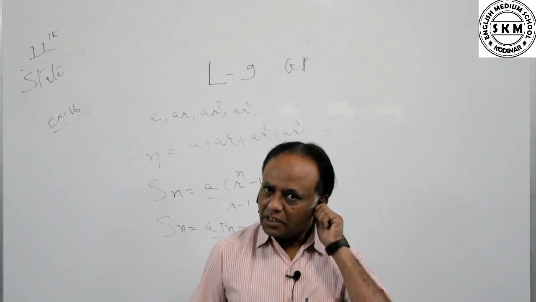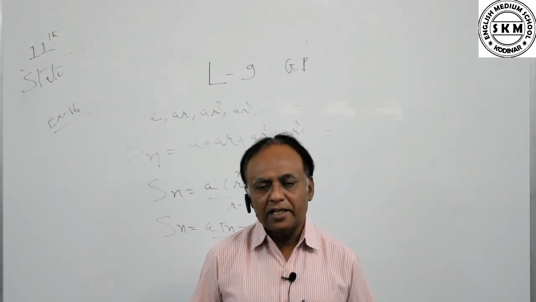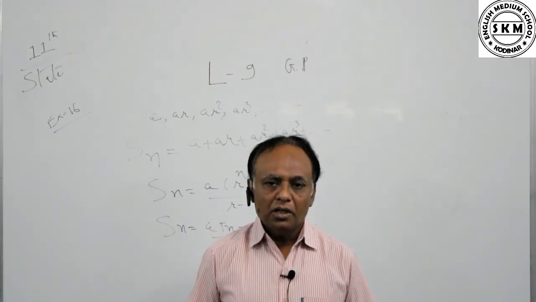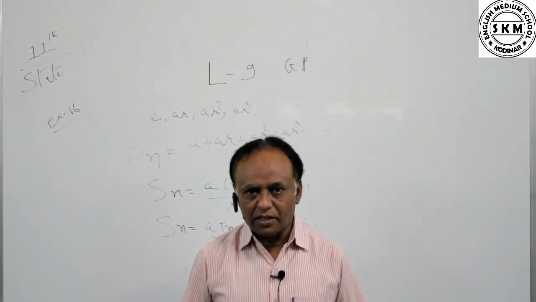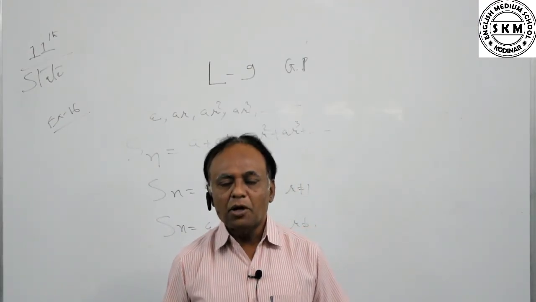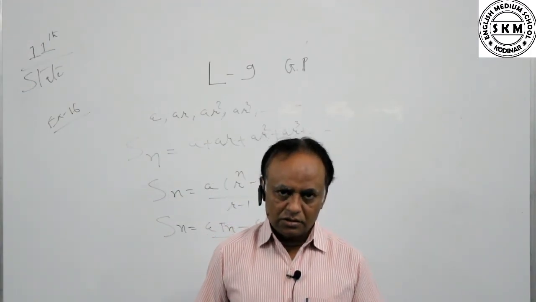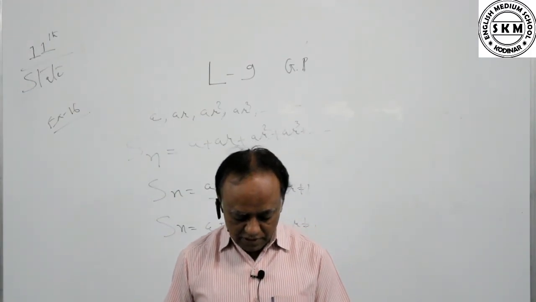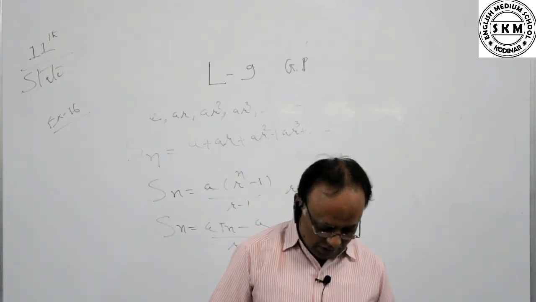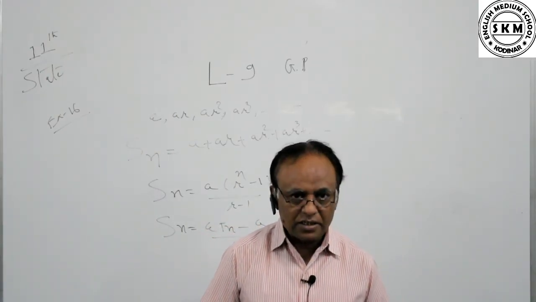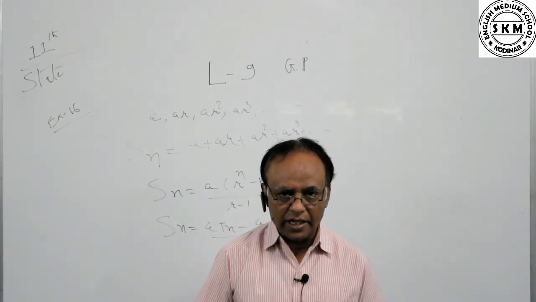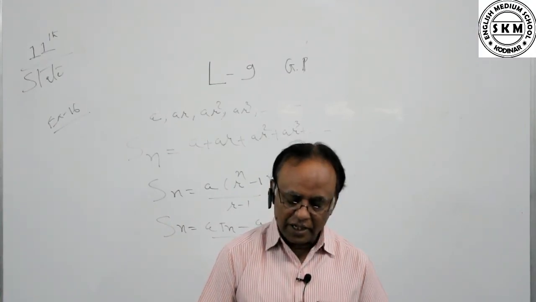I have already discussed many examples on terms. In previous periods I discussed some examples, and the remaining illustrate examples I will start with illustrate example number 18 in the next period. So thank you so much.